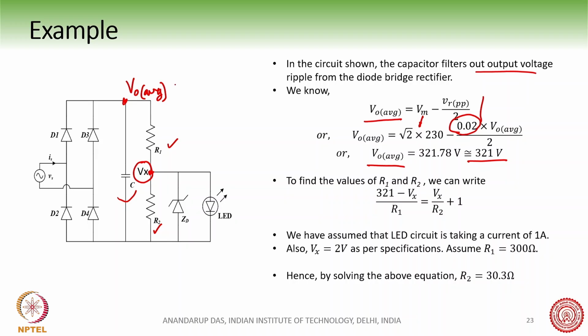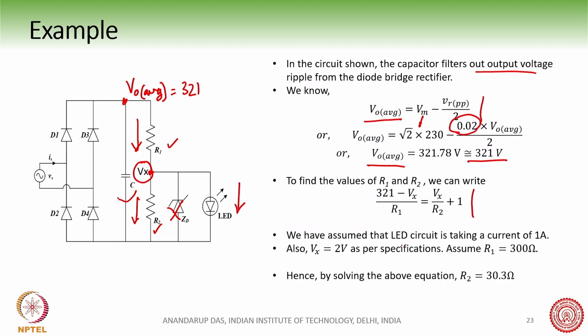This point voltage is around 321, so the current is (321 minus Vx) divided by R1. This is the sum of the currents flowing through these two parallel paths. Of course, the Zener diode is for protection purposes only, and we have assumed that the Zener diode is not broken, so no current is flowing through the Zener diode. Therefore we get this expression here.